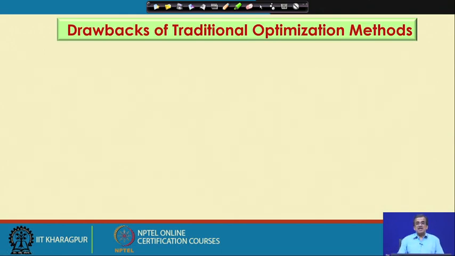Now, I am just going to discuss the drawbacks of traditional optimization methods. Before I start with the discussion on the drawbacks, let me tell you that till now we have discussed a few traditional tools for optimization. I started with the analytical approach, concentrating on a problem having only one variable. After that we discussed one numerical method, namely the exhaustive search method, and solved one numerical example to explain its principle.